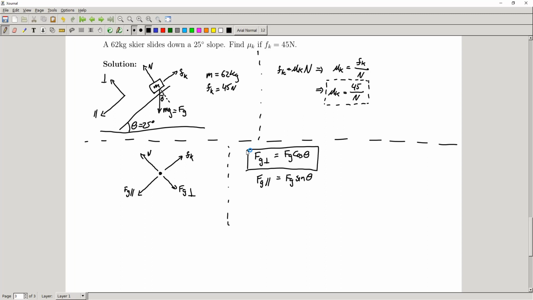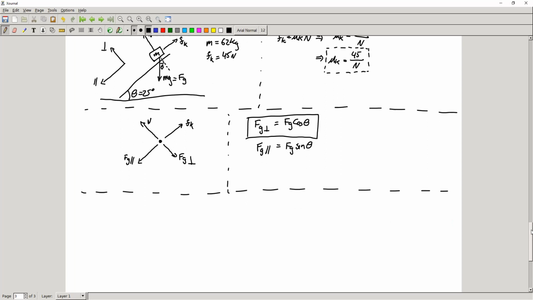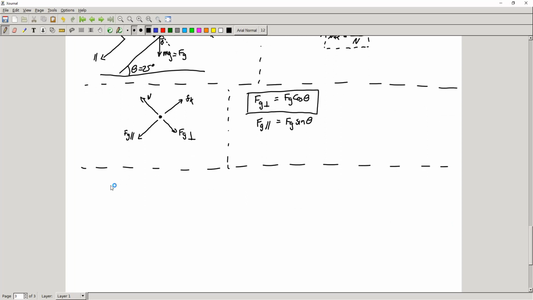Okay, and why do we need that? Well, Newton's second law is going to give us everything that we need here once we have that expression. So let's take a look at what's going on here. Newton's second law tells us that the net force in the perpendicular direction has to be equal to mass times the acceleration in the perpendicular direction. Well, in the perpendicular direction, there is no acceleration, right? So the skier is not lifting off of the mountain, nor is the skier digging into the mountain.